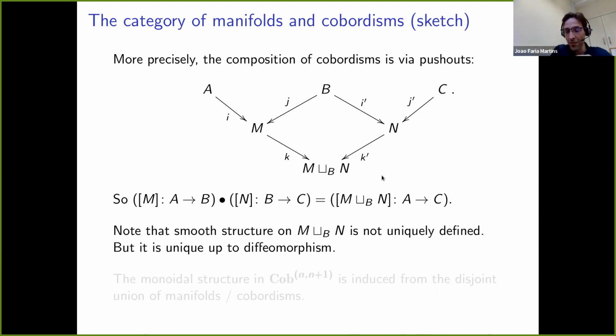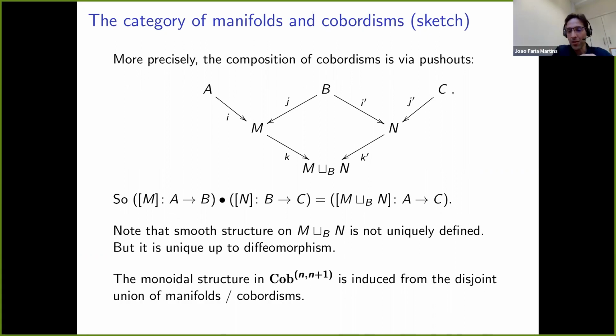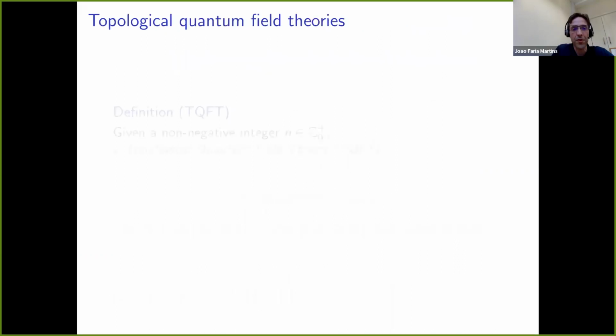So this is not given a smooth structure by inception, and this needs to be put in after. And that smooth structure is not unique. It's only unique up to diffeomorphism. Like I said, there are details that need checking, but they've been looked at several times. And let me say, this is a symmetric monoidal category, and the monoidal structure is induced from disjoint union of manifolds and of cobordisms.